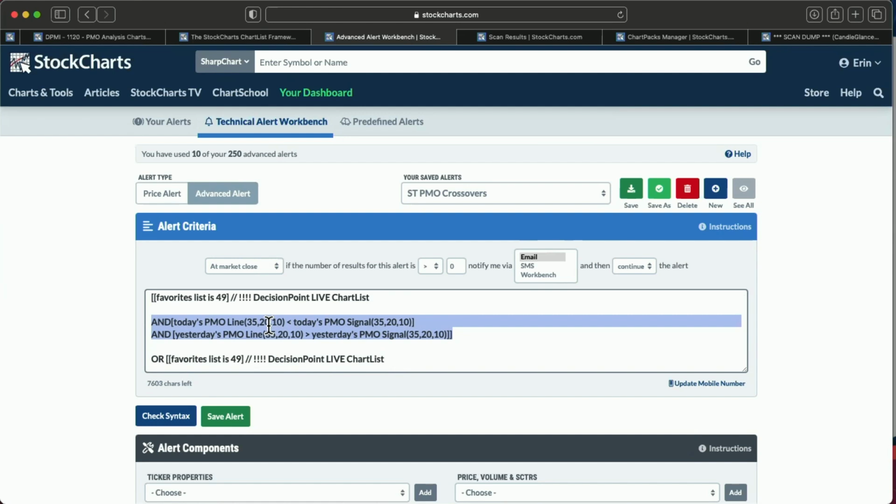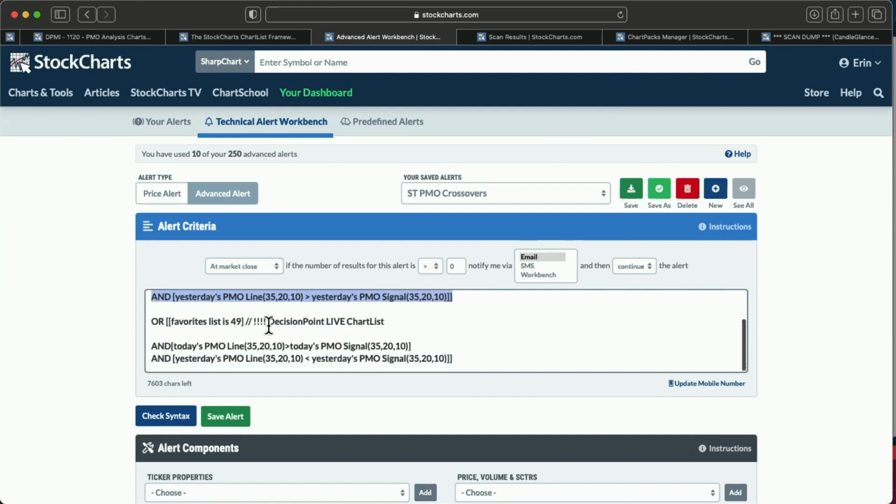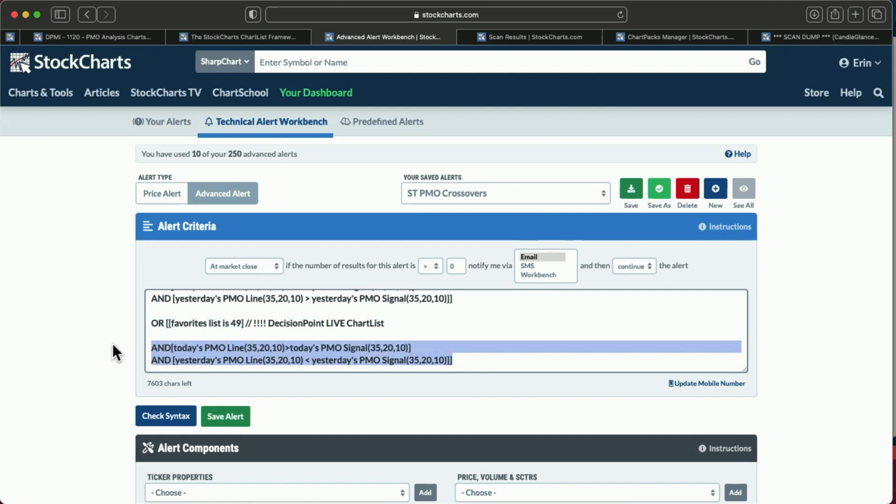I want to see when we get a downside crossover. So I use or. So I look at that list, and then or this particular code is what's working. So I'm taking one list, and I have 2 different ways to look at that scan, short-term PMOs crossing up, crossing down, and that's where I set that up.